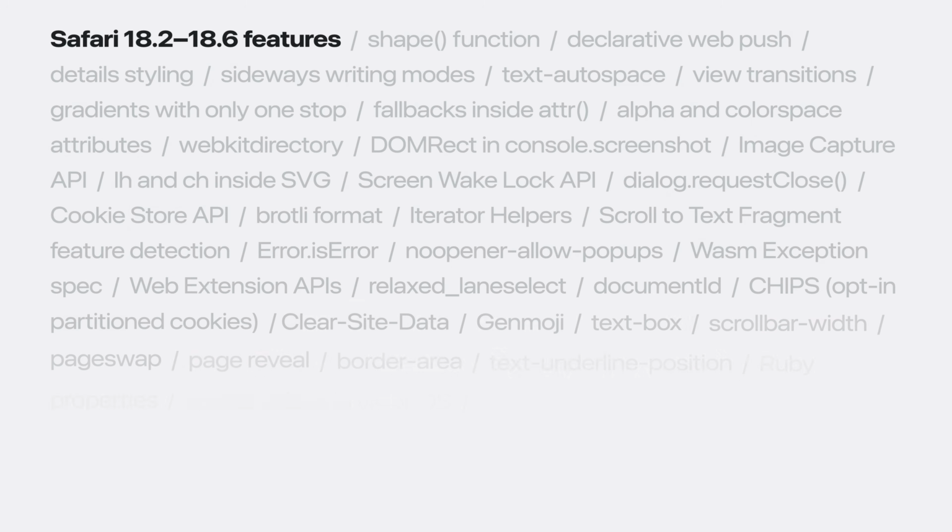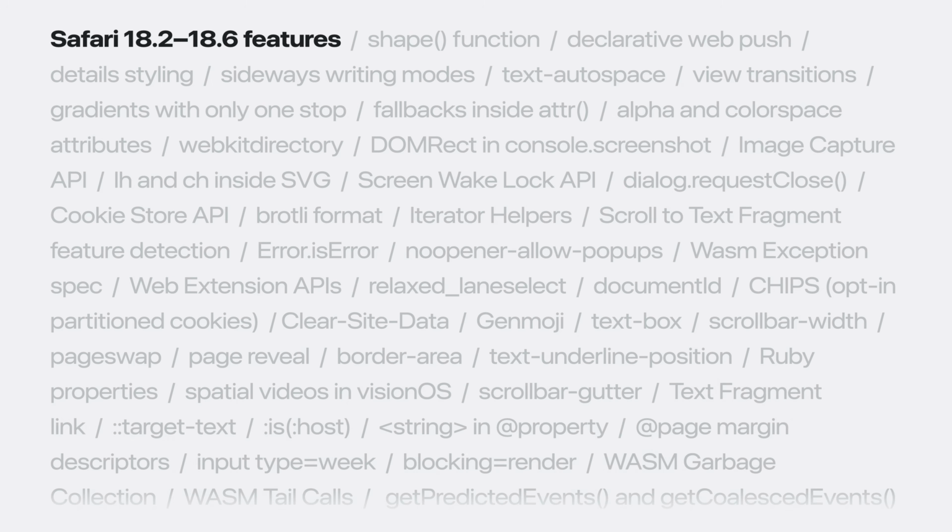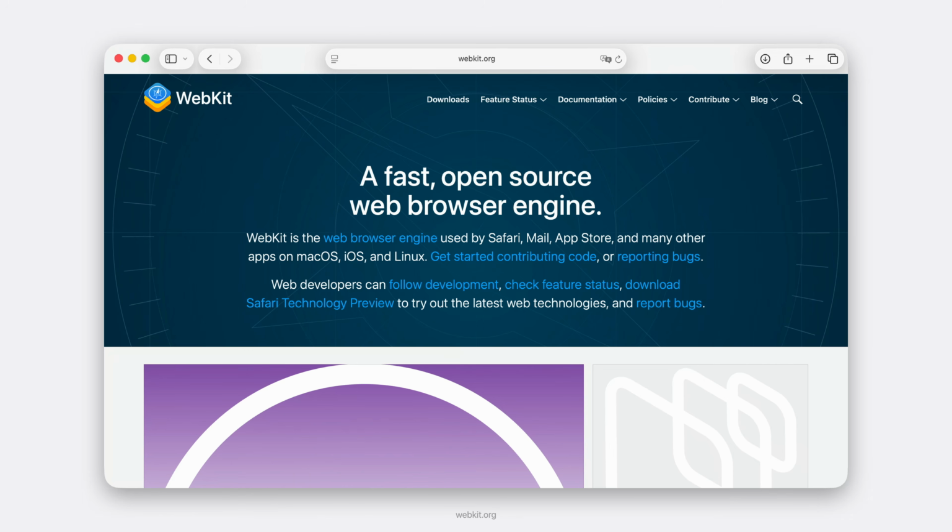And there's so much more. Lots of new features have been shipped in multiple versions of Safari since last fall, including some of the most requested features, CSS to help you polish your typography and support all the languages of the world, and features that help protect user privacy. Check out the release notes on webkit.org.